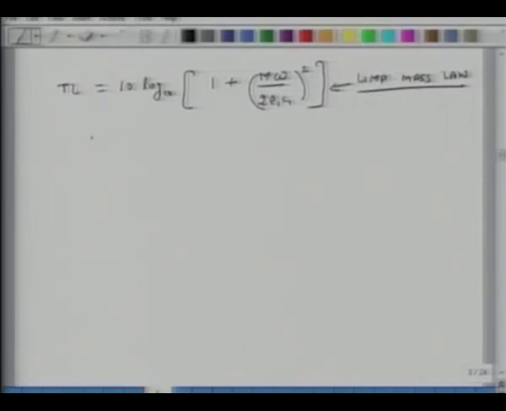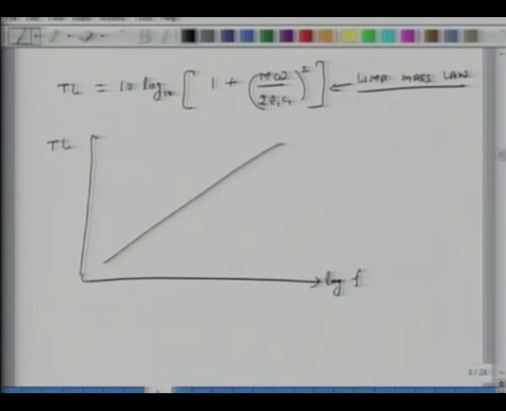And typically if I plot this law against logarithm of frequency or omega, and here I am plotting transmission loss in decibels, then I get some sort of a straight line. This is the limp mass law. Now in reality the structure does something like this, which I am going to plot in green.